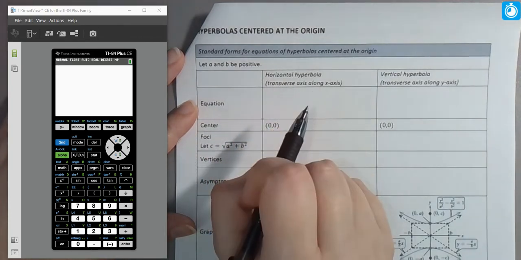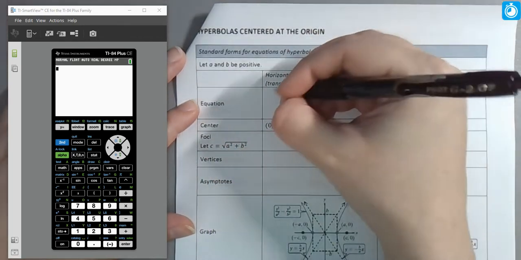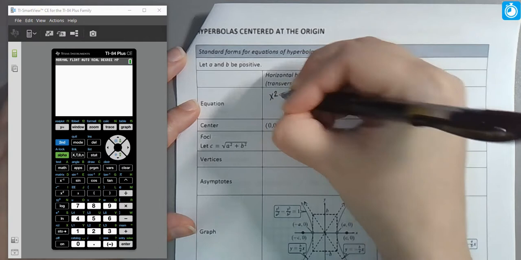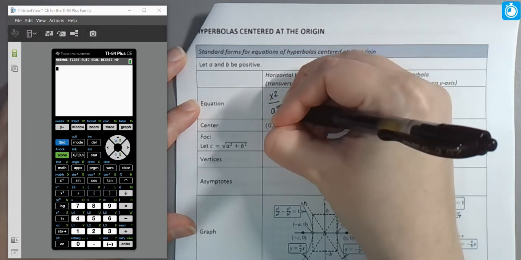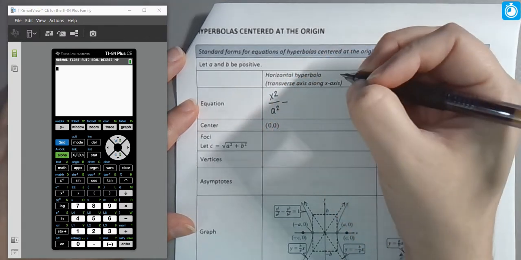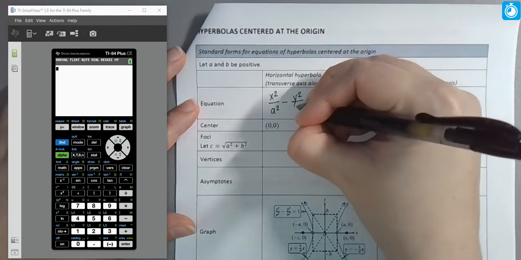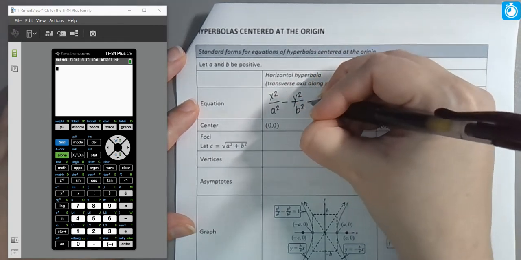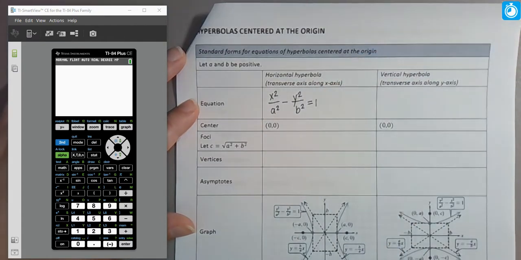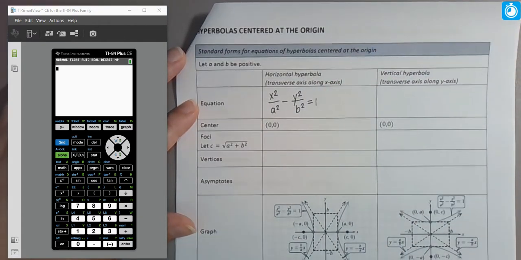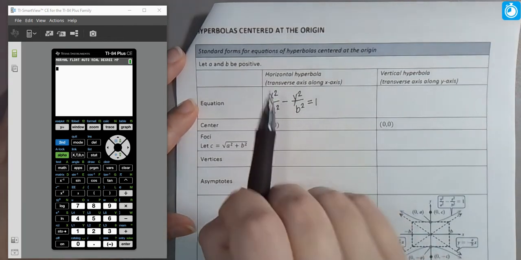So a horizontal hyperbola centered at the origin is going to take on the following form for its equation: x squared over a squared minus y squared over b squared is equal to 1. You'll notice it's almost identical to the equation for an ellipse with one major difference.